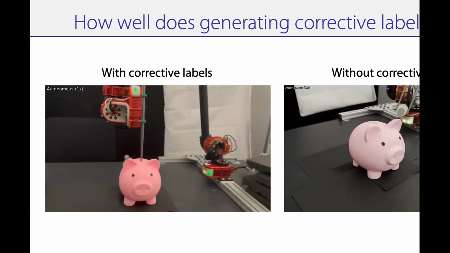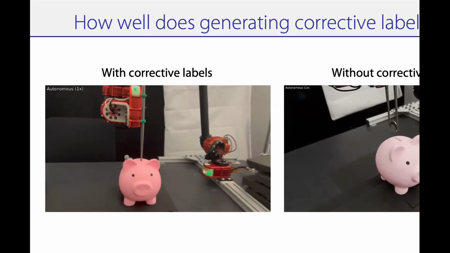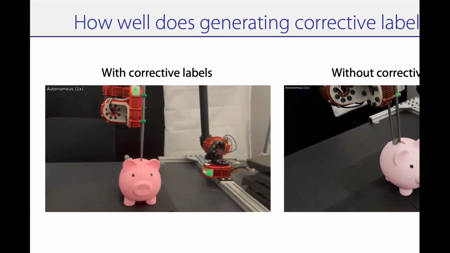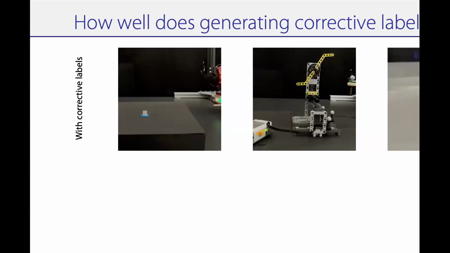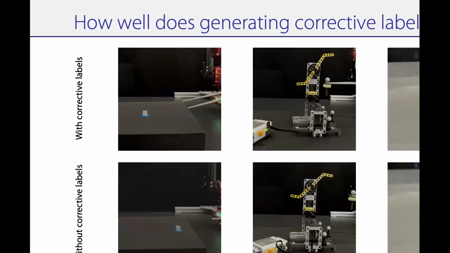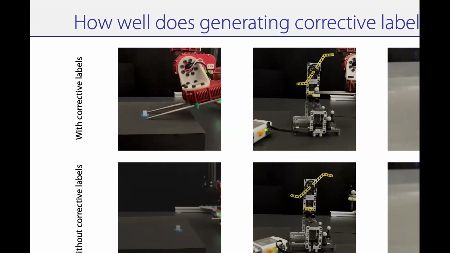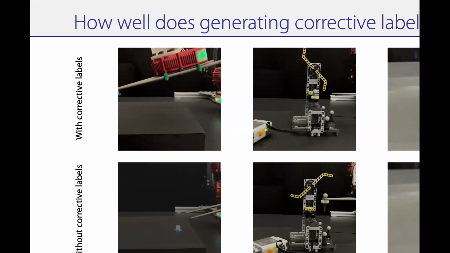In precise manipulation tasks, little bits of drift lead to failed performance. So there are significant gains in performance just from adding these corrective labels. You can apply this to other precision tasks too, where you'll see the same type of drift. The vibes are mostly right, but small drifts in performance add up over time.